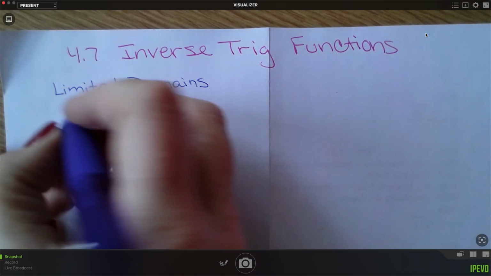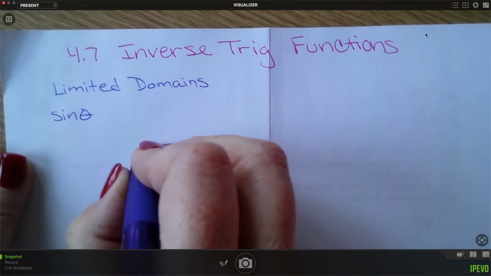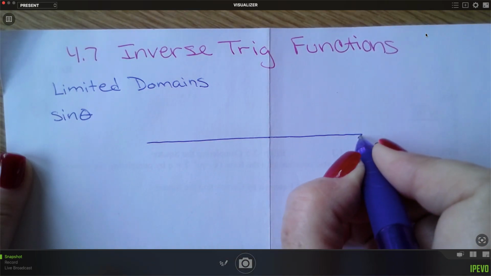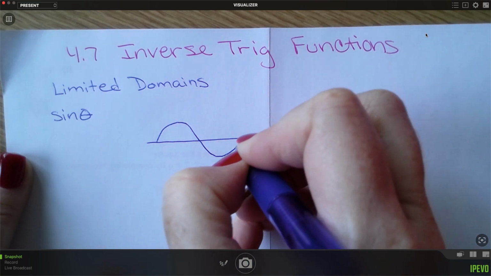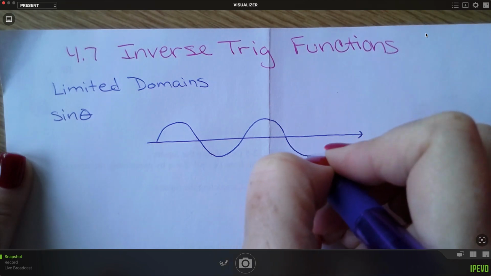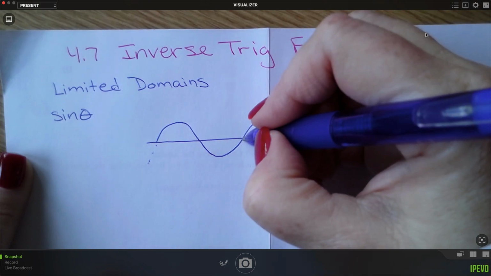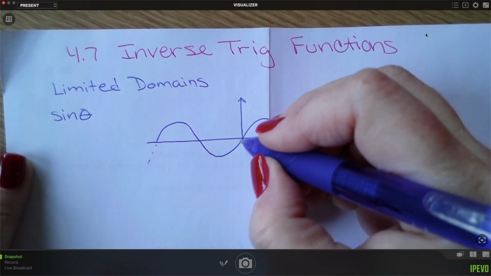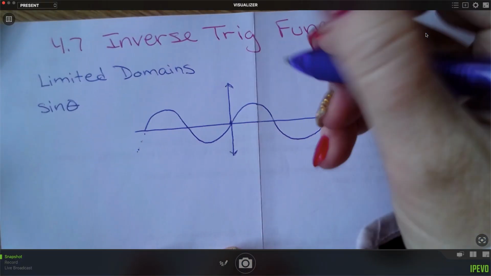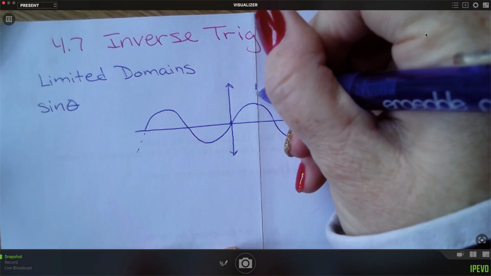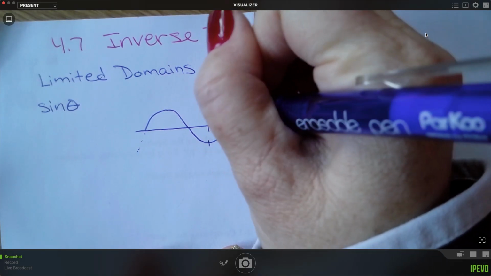Okay, so for sine of theta, give yourself 2 curves. And then we're going to cut it here and here, because we can do that.